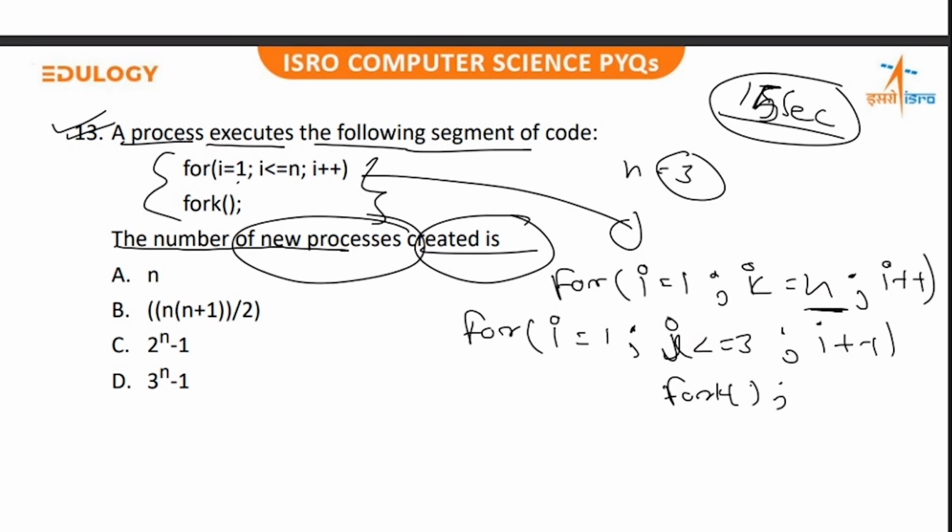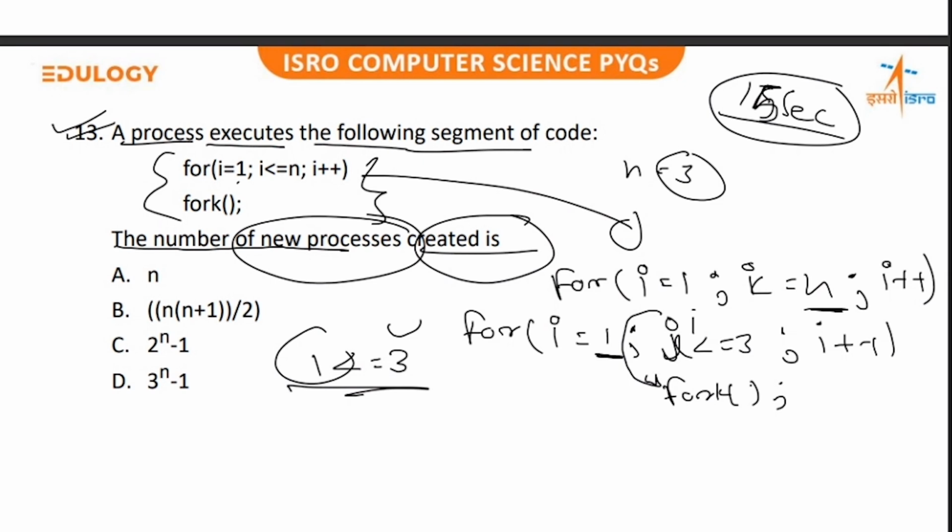Now execute it. i equal to 1. 1 is less than or equal to 3. 3 is greater than or equal to 1. Obviously, this is true. So what will happen? The execution of this code will enter the body of the loop.